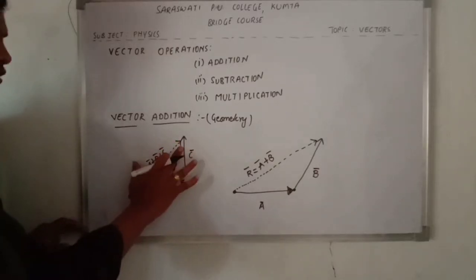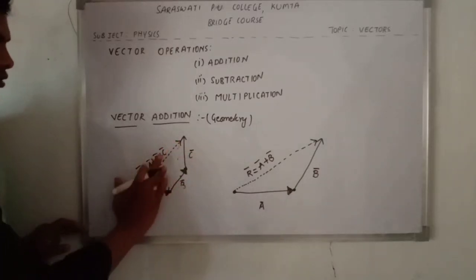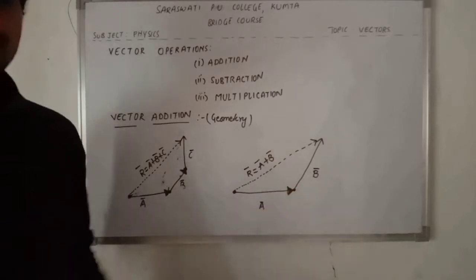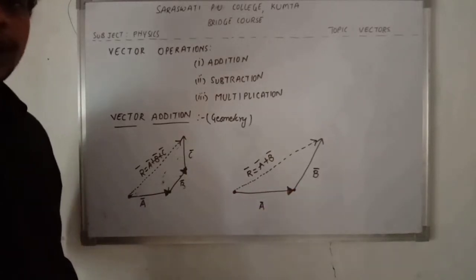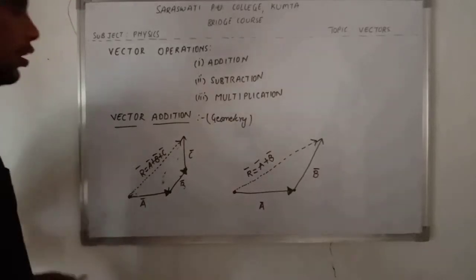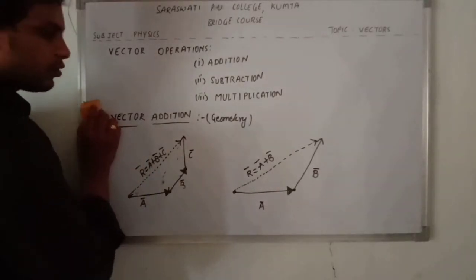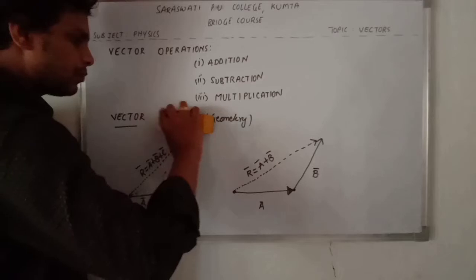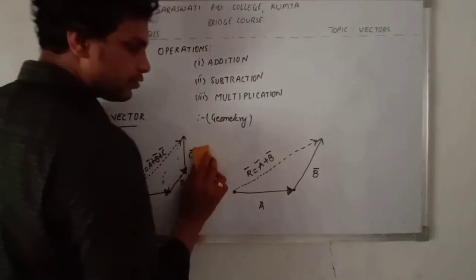I hope you understood. So this is for three vectors and this is for two vectors, and this is about vector addition. Next we are going to discuss vector subtraction, or subtraction of vectors.